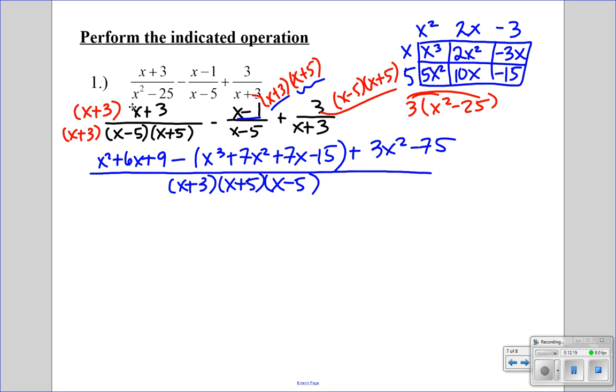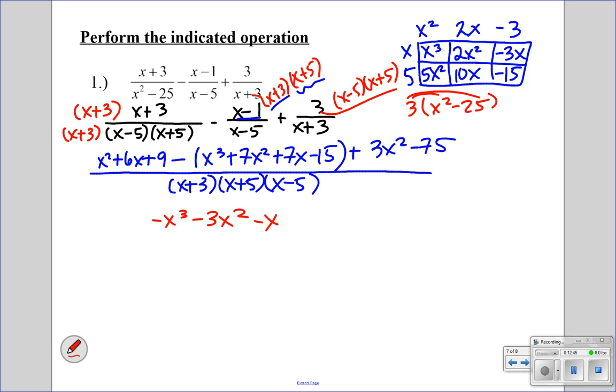Okay, so now we're going to start simplifying. Okay, we have a negative x cubed. Okay, our x squared is x squared minus 7x squared, which is a negative 6x squared, plus 3x squared, which gives us a negative 3x squared. Okay, then we have 6x minus 7x, which is a negative x.